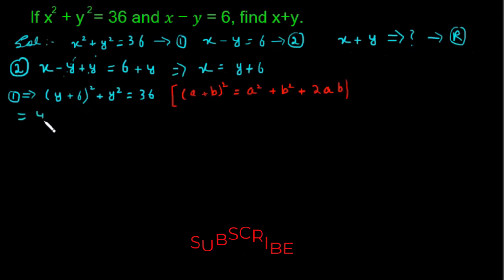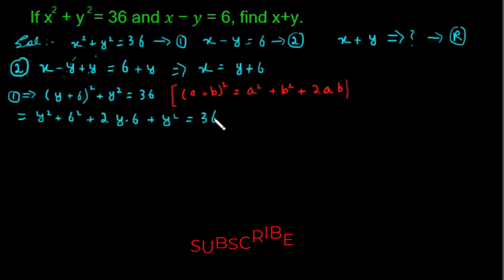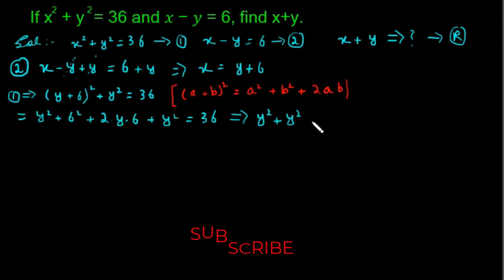I will come up with y squared plus 6 squared plus 2 times y times 6, then plus this y squared is equal to 36. Writing it with like terms, 2 times 6 gives us 12y, then 6 squared is 36, is equal to 36.